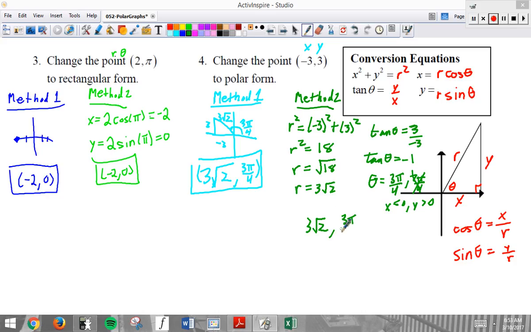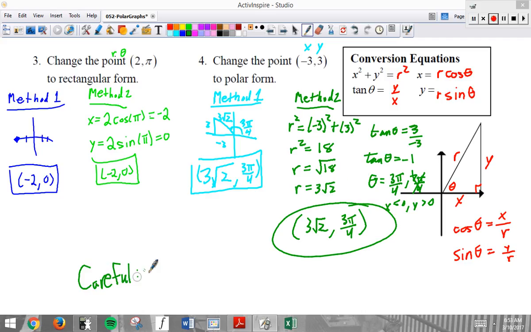So either way you cut it, this requires thought. This requires a lot of thought. Careful, guys. And here, the bigger note, careful. If I want to do theta equals arctan of negative 1, I would get equals negative pi over 4.